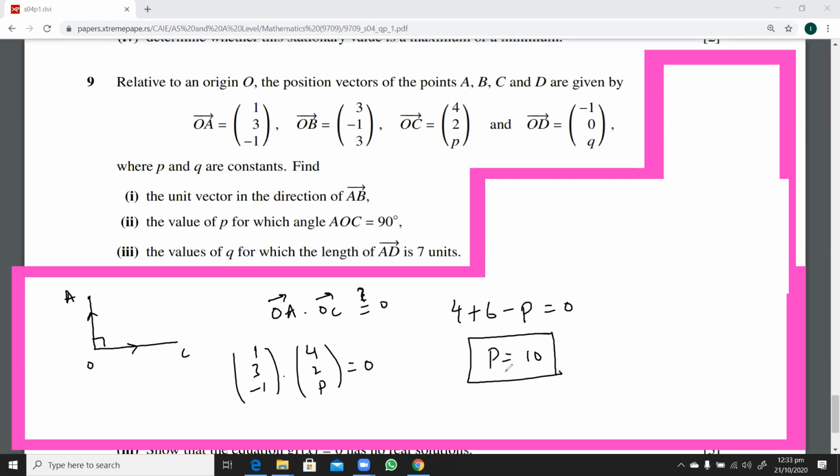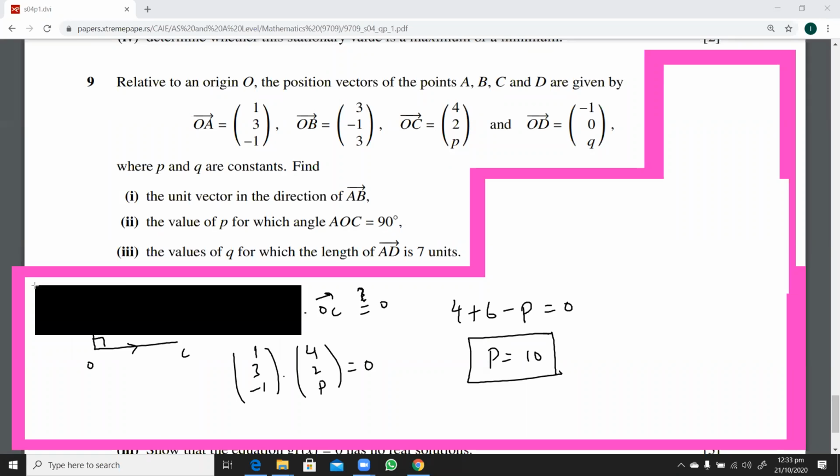Okay, next we have to find the values of Q for which the length of AD is 7. So let me make some space for this.